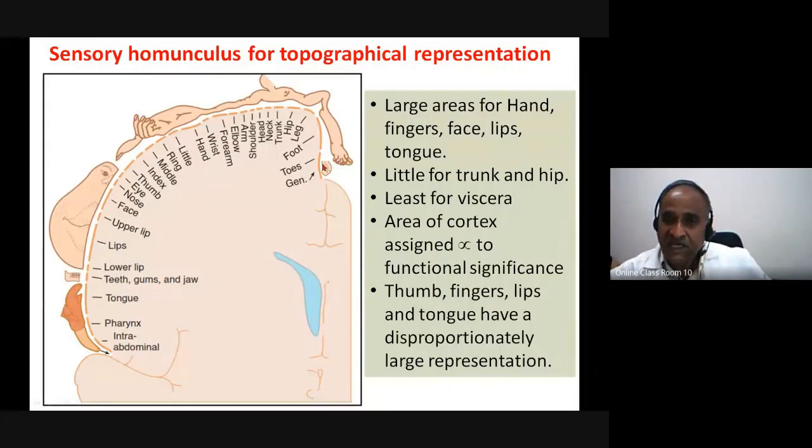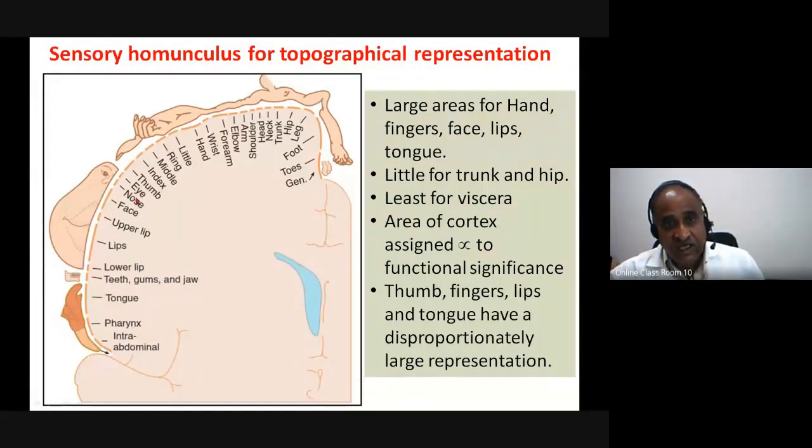We have the genitalia, then the toes, the ankle, foot, then leg, hip, trunk, neck, then head, then shoulder, arm, elbow, then the forearm becoming a little longer, then wrist, hand, and different fingers having a greater location there.